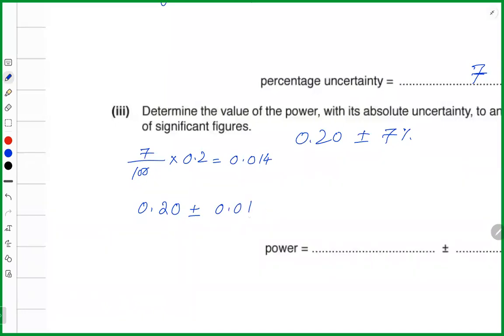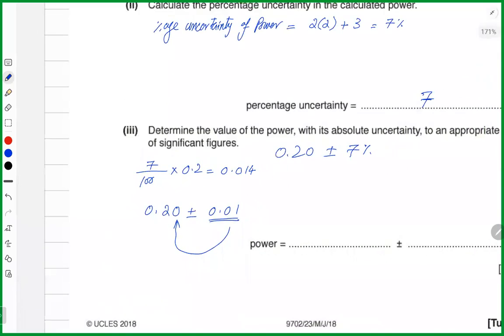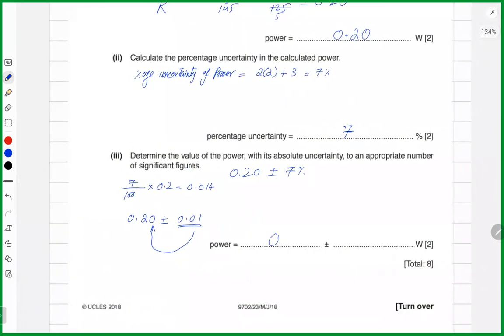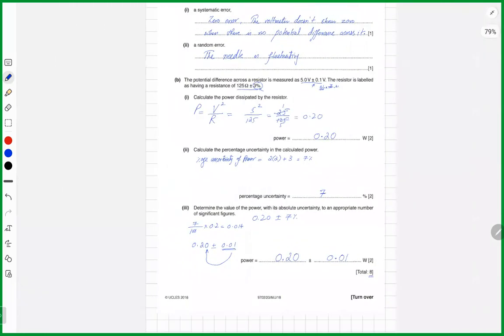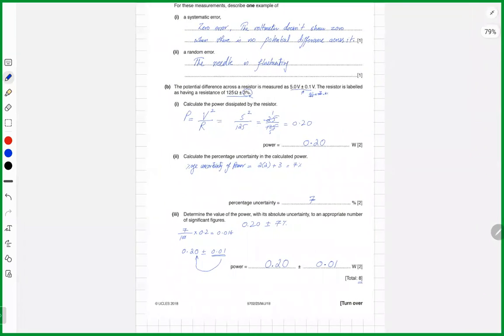We can simply ignore the 4 because it is less than 5. Absolute uncertainty has to be in one significant figure, which it is now. And because it is in the second decimal place, we round off the quantity to the second decimal place, which it already is. So all we have to do is write it here. This is how easy it is to get these 8 marks. If you see, this is easy.